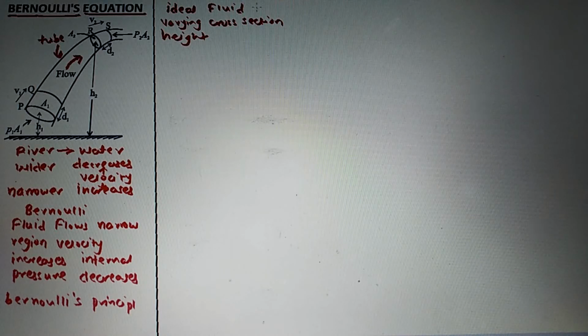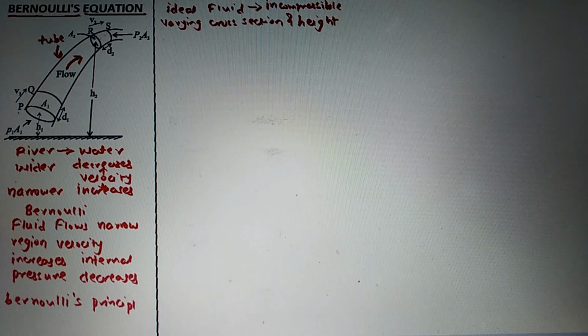So what is ideal fluid? Ideal fluid is the incompressible, non-viscous fluid. So the incompressible fluid and the non-viscous fluid is basically the ideal fluid.